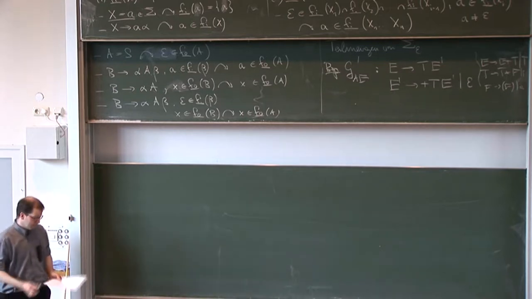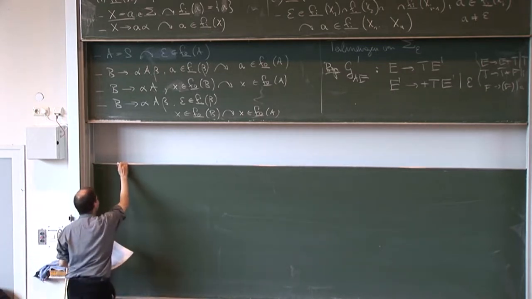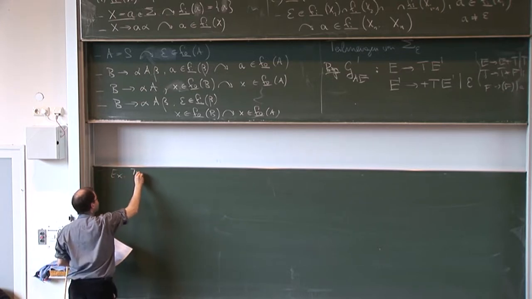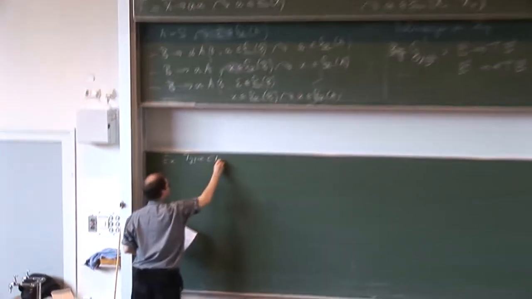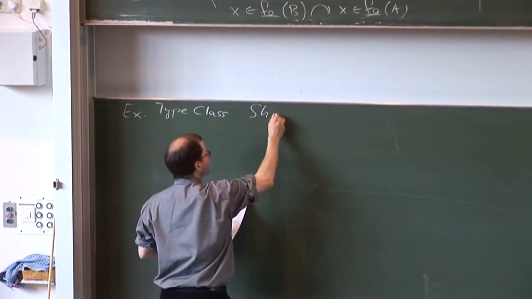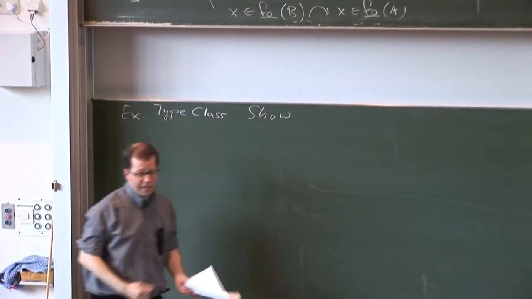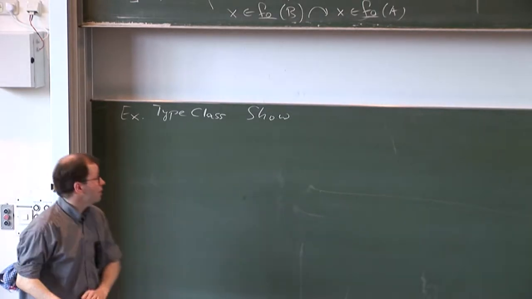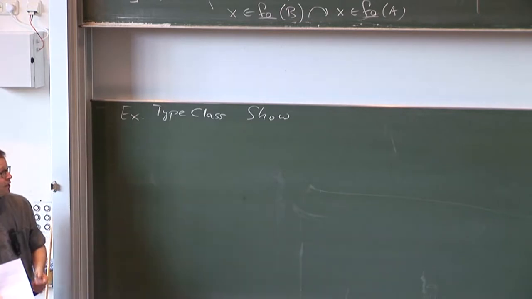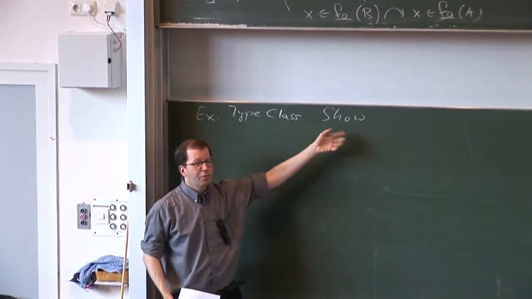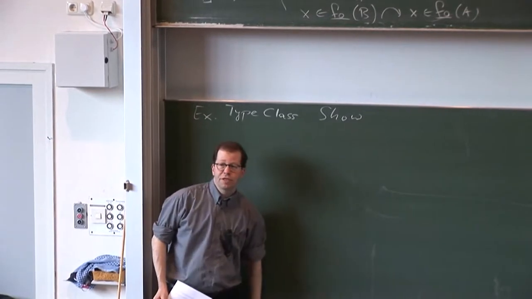Let me show you another example to recapitulate this idea. An example for a type class is the type class Show. This type class is just like Eq, another predefined type class. The idea of this type class is that those types should be members of it whose objects can be printed on the screen.